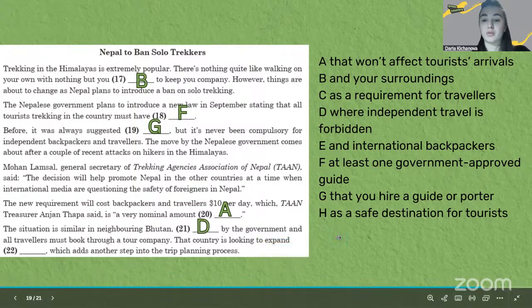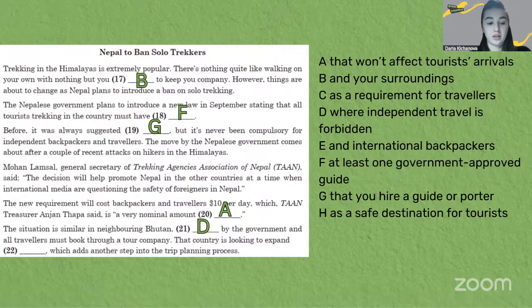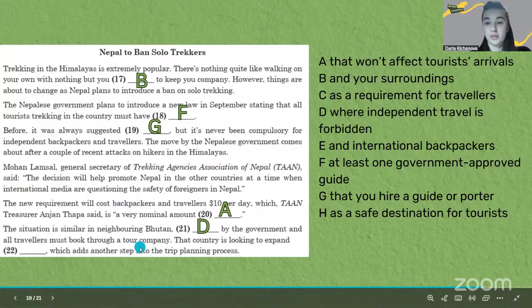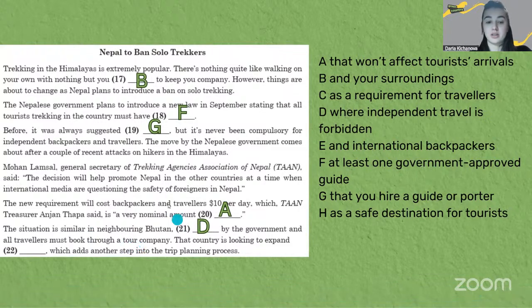Okay, here we have got F. So there we need to book a tour company, and it means that in this country, independent travel is forbidden. So we can't have individual trekking there. So you need to book a tour company, so you can't go just by yourself.